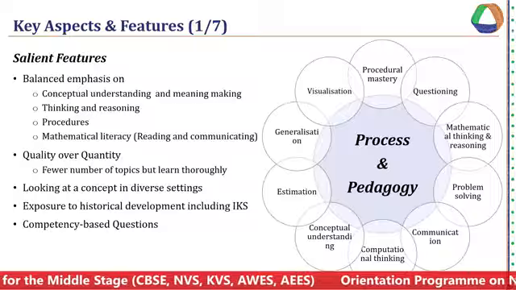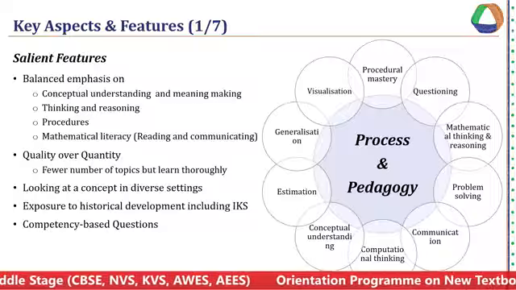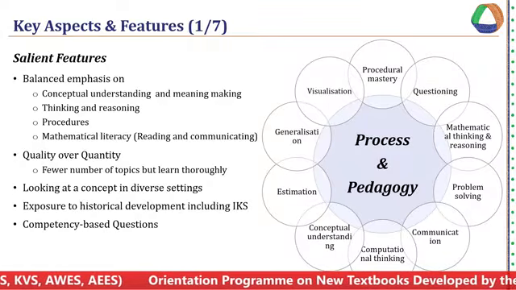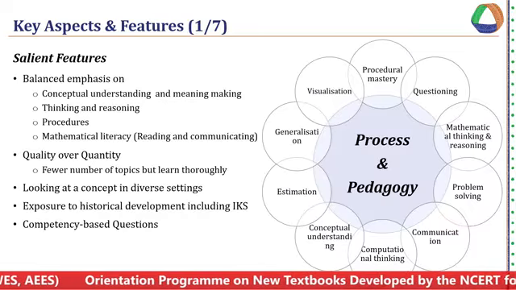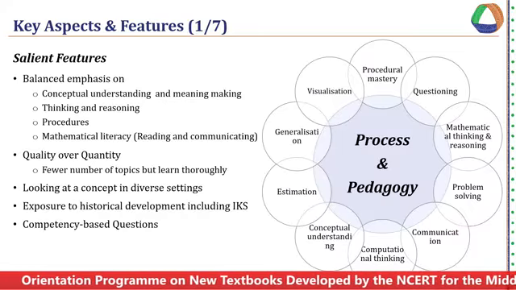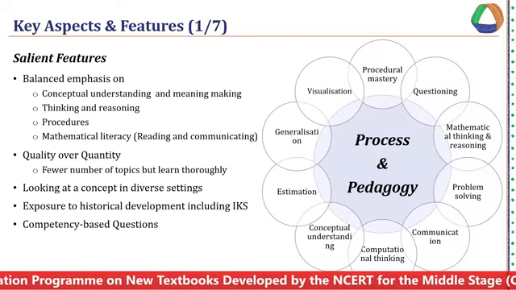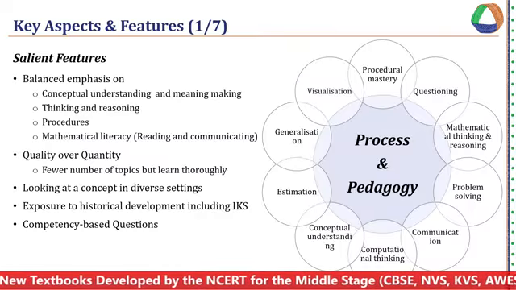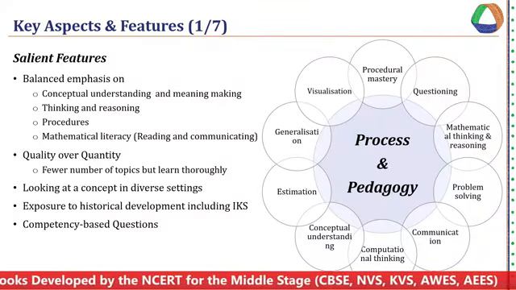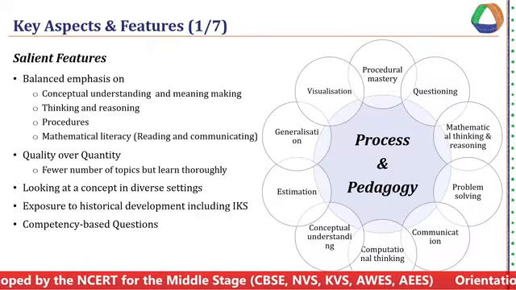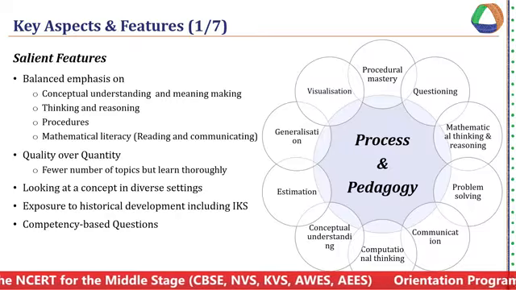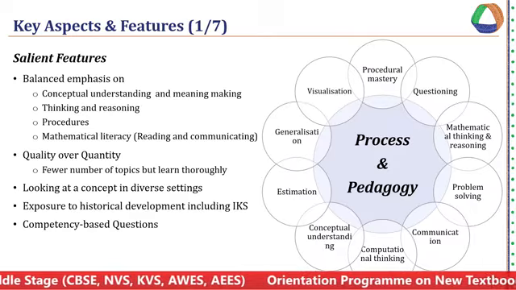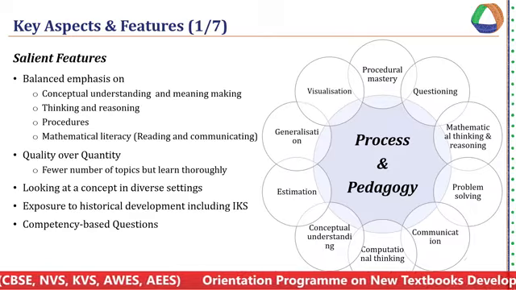Looking at a concept in diverse settings: a particular concept is given and the students look at it in different ways. That is going to settle the concepts in their mind and give them good depth about that concept. Exposure to historical development is an essential feature of this, because we simply don't say that we didn't have anything in our past. Our ancient people had done all these things earlier, and we are trying to bring those things to the notice of the students in different examples.